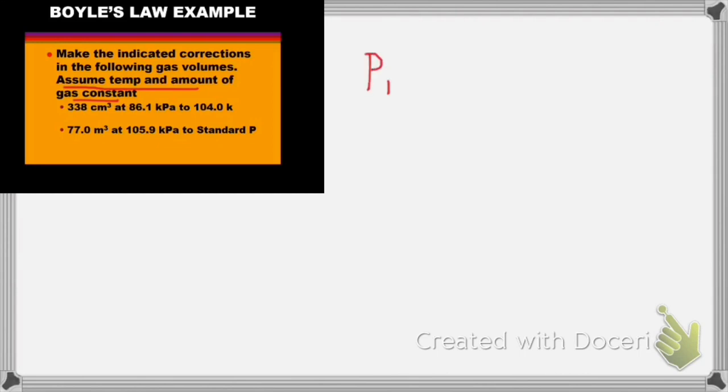It doesn't matter which set of conditions we call condition number 1, we just need to make sure that we put the right set of conditions together. So let's call the first one they gave us condition 1, and we will call the second one condition 2, and they're asking us to find the volume.